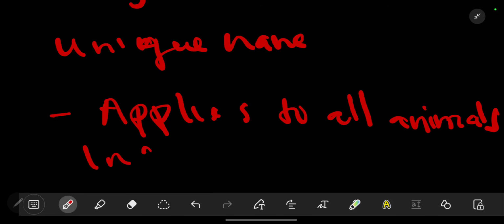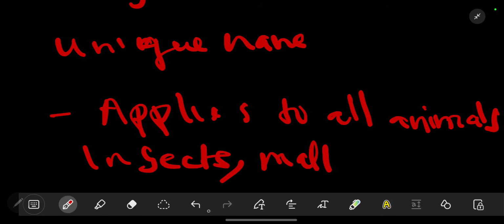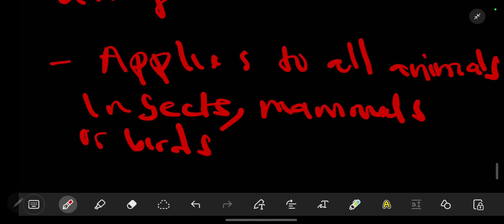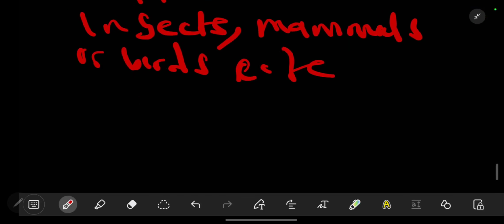Whether you are looking at insects, mammals, or birds, it doesn't matter. It will still cater for that. So the answers are just the same for the ICZN and the ICBN.